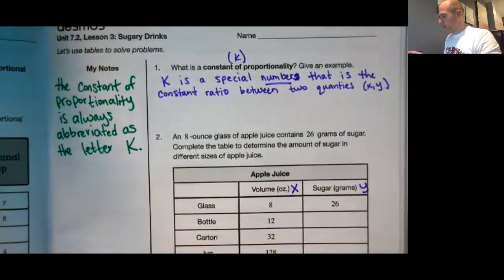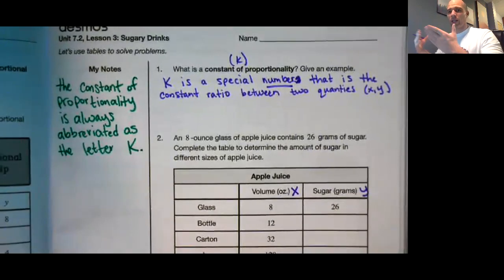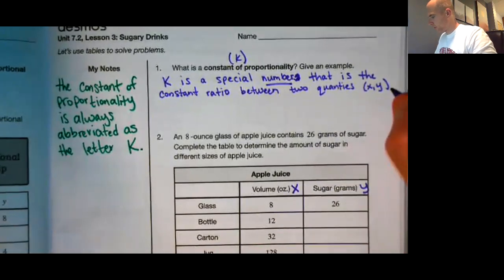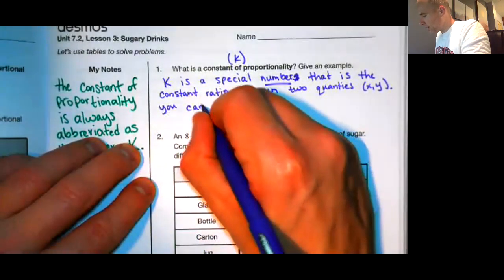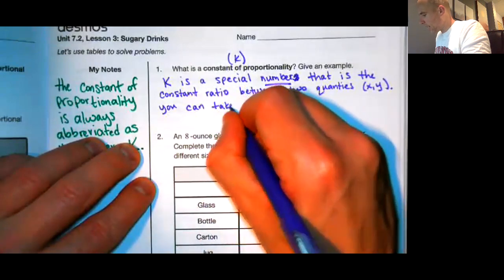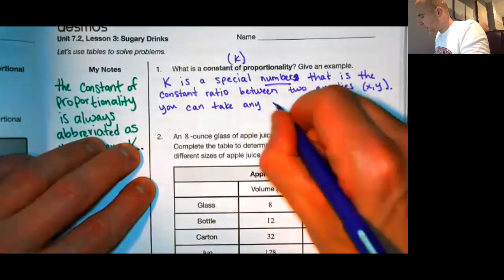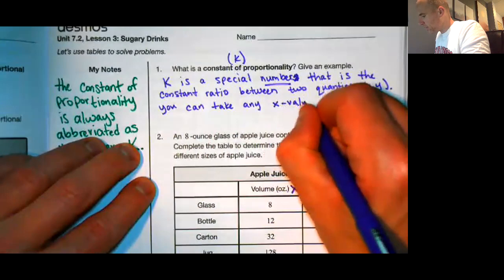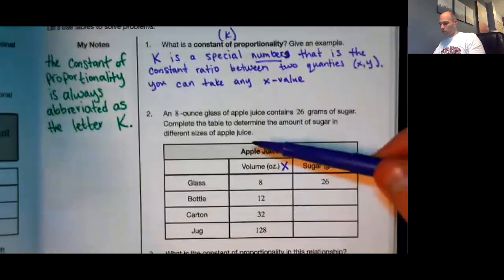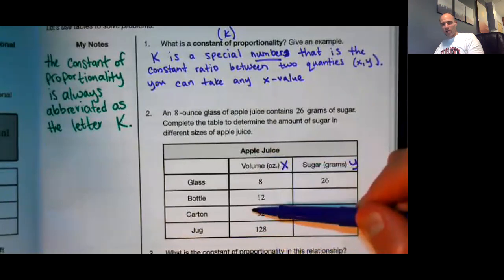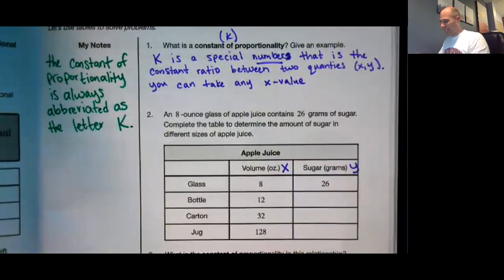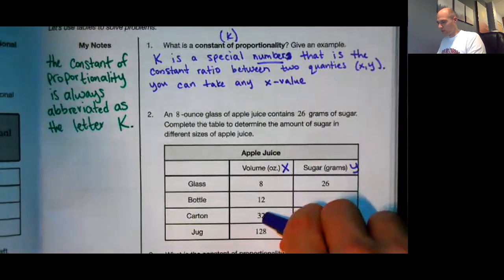All right, so the constant ratio between two quantities, X and Y. You can take any X value. So X is like a general term for all the different volume numbers here, but a particular X value would be like 32 or 12.